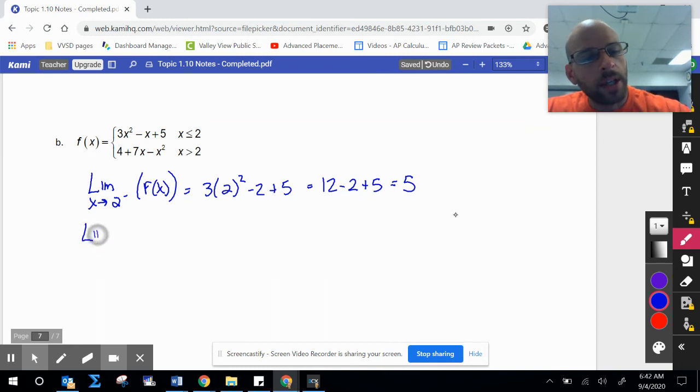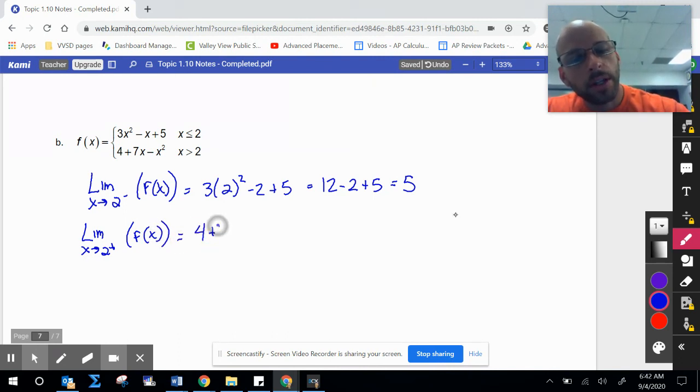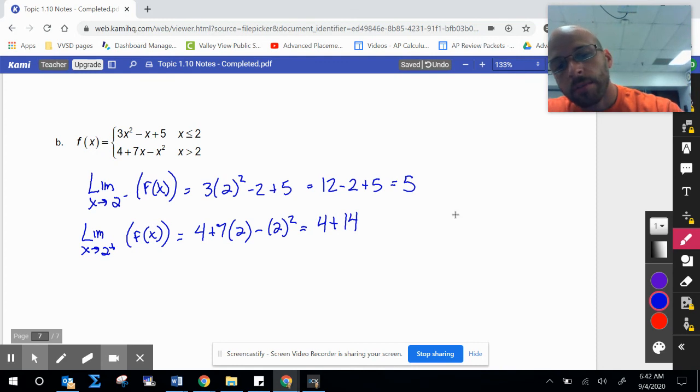And then if I do the limit as x approaches 2 from the right of f of x, then I get 4 plus 7 times 2 minus 2 squared. And if I reduce that, I get 4 plus 14 minus 4. So that's convenient. I just get a 14.